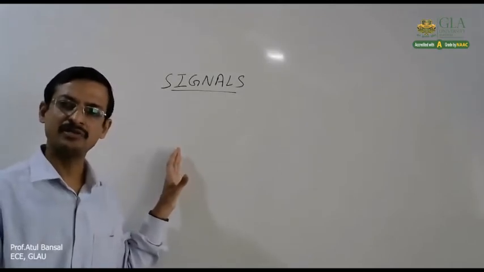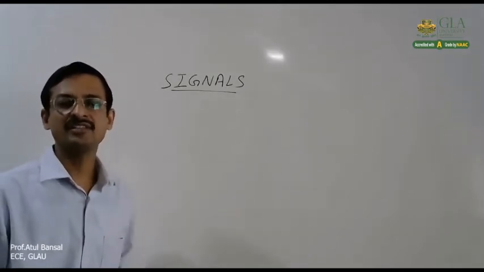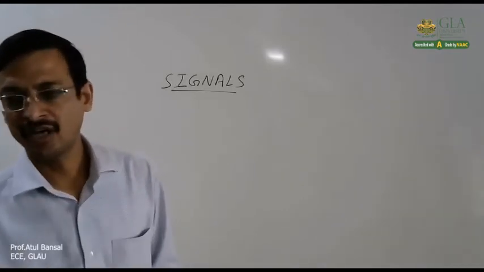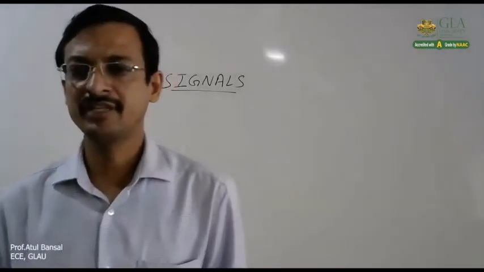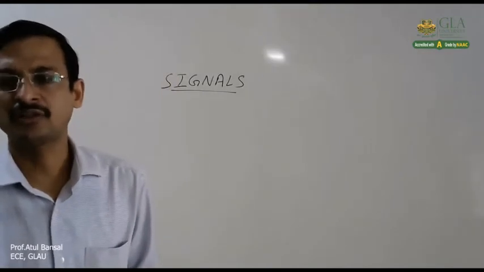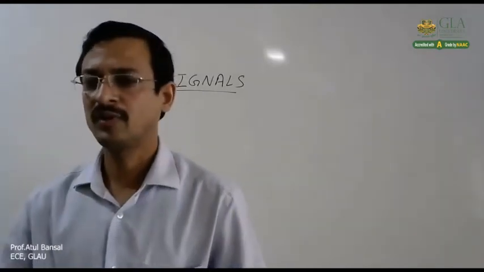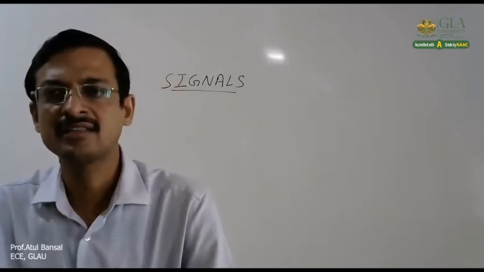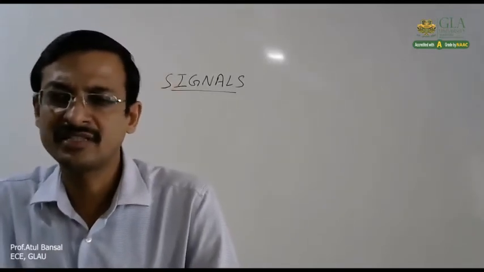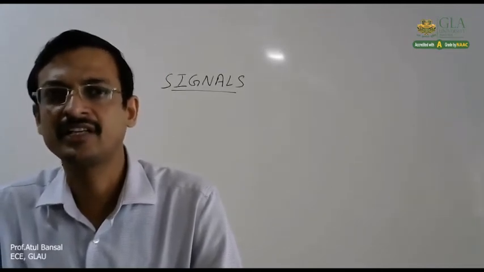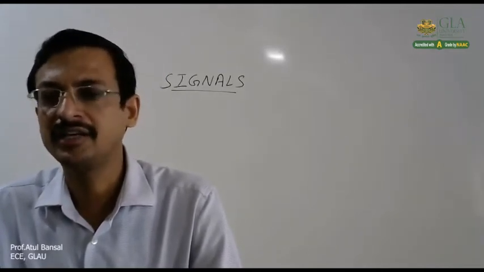In layman's language, anything that conveys information is a signal. Like in your household, if you look at even the refrigerator, washing machine, electronic gadgets like your fitness watch, or the automobile in your latest cars, there are different types of sensors and instruments being used, and they are generating different signals which are conveying the information.